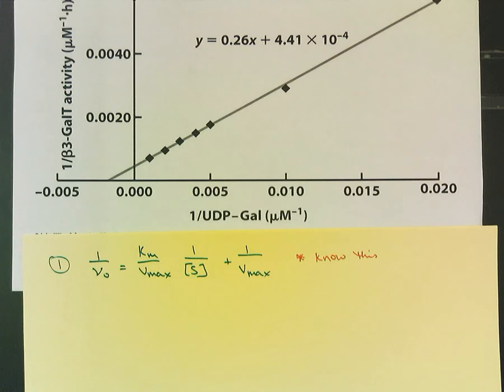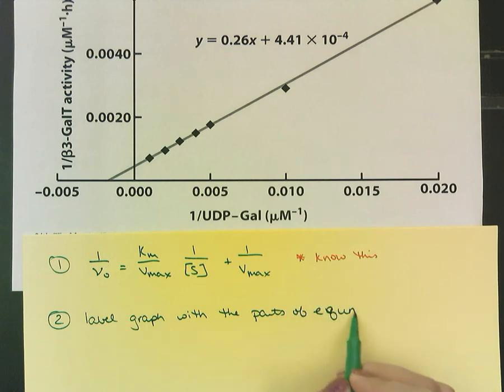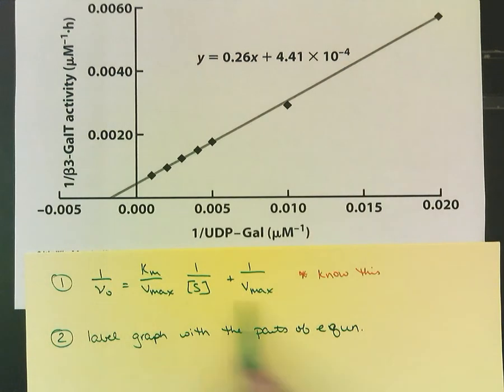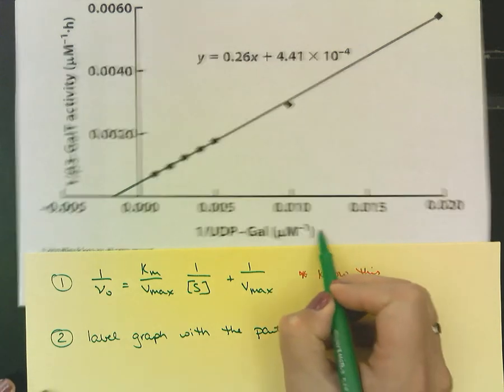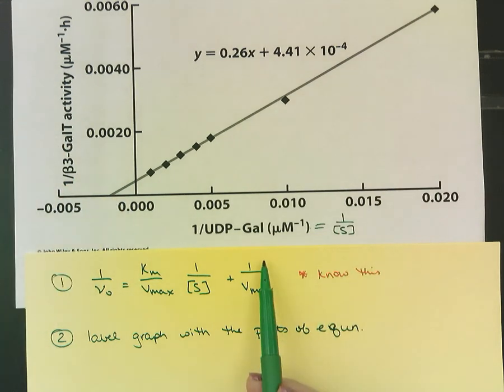All right. So if that's my Lineweaver-Burk equation for an enzyme, now I would like you to label the graph with the parts of the equation. So what I mean by that is, which one of these variables is the x-axis? 1 over S, which you should be able to get based on the fact that it's giving you inverse molarity.